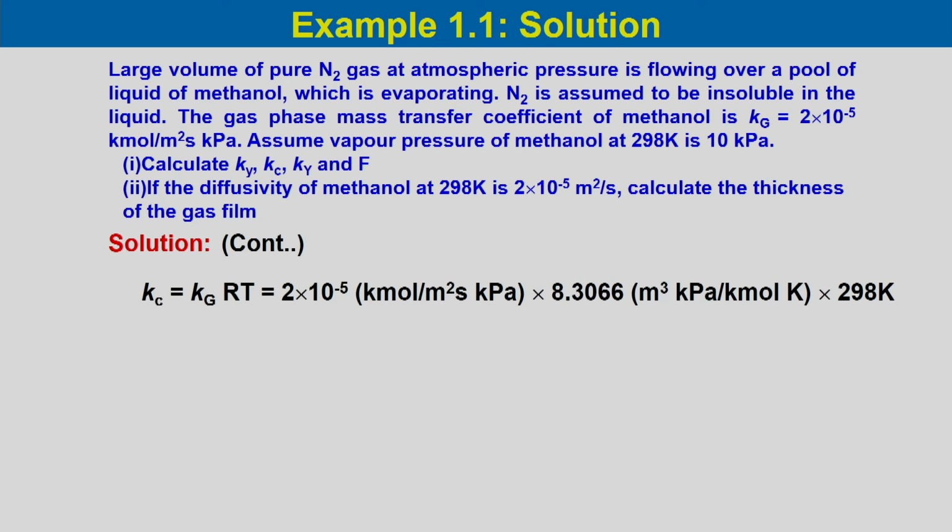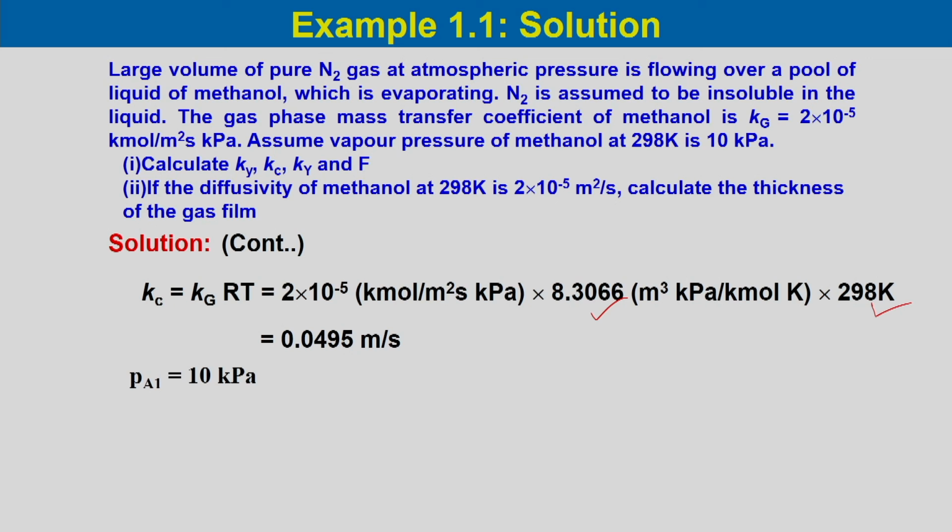Kc would be equal to Kg into RT, which is equal to 2 into 10 to the power minus 5 kilomole per meter square second kilopascal into R into T. If we substitute R and T, then we get 0.0495 meter per second.